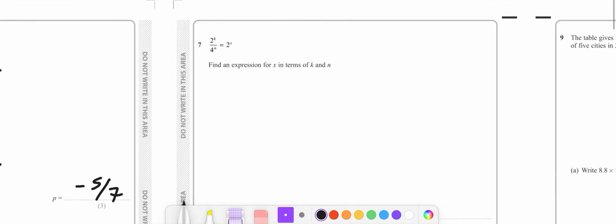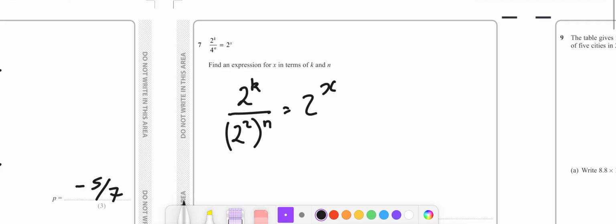Find an expression for x in terms of k and n. So we've got to put everything in the same power, so let's put it in the powers of 2. So we've got 2 to the k over 2 squared to the n equals 2 to the x.